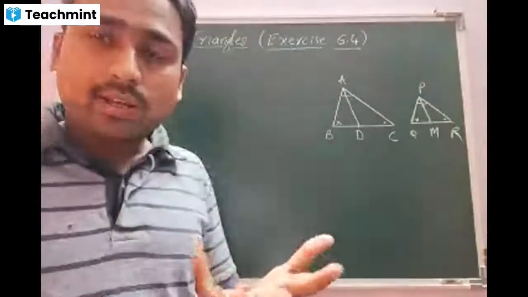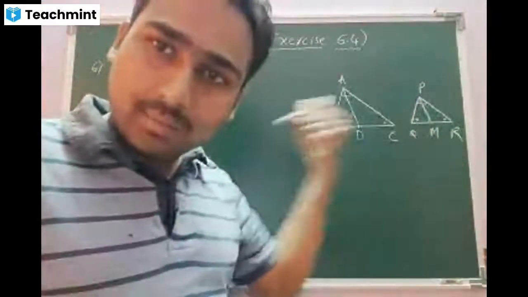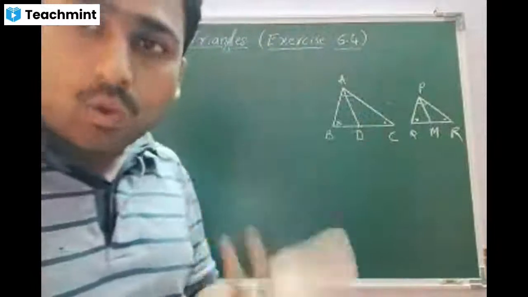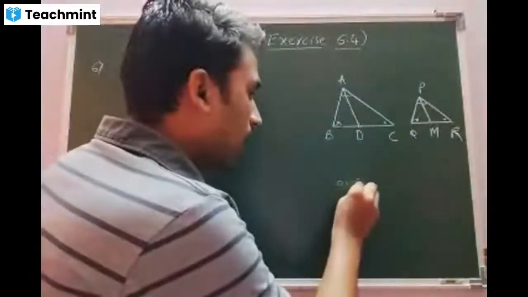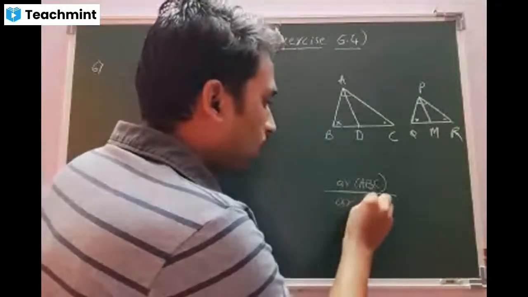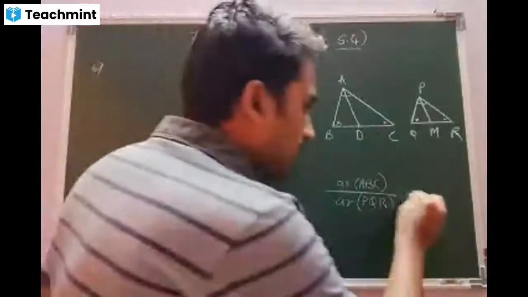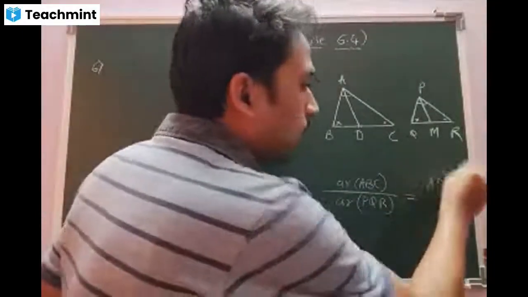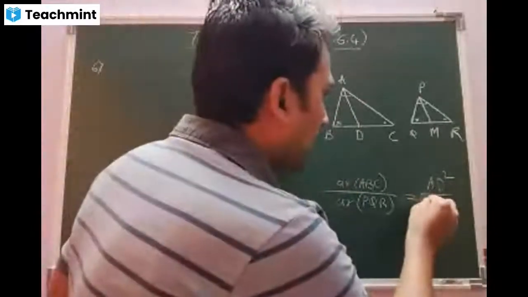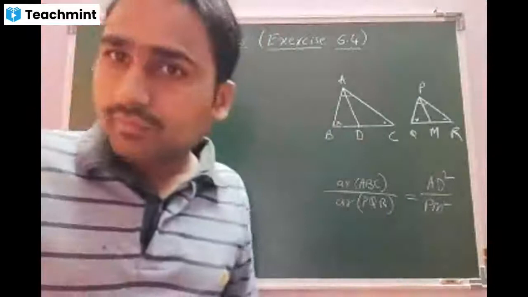What do we have to prove here? Two triangles are similar, and these two are the medians. I have to prove that the area of ABC divided by the area of PQR, this ratio, is equal to the squares of their respective medians, so AD square by PM square.